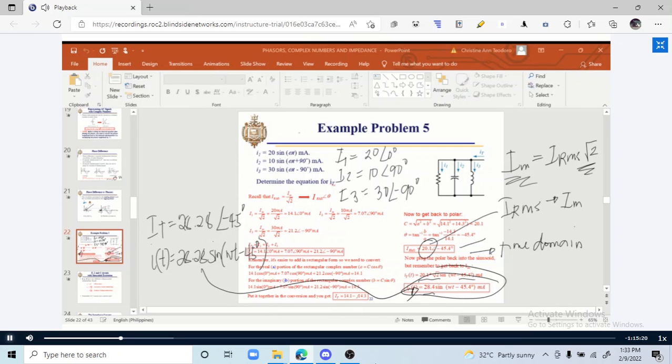My question is, can we already add I1, I2, and I3 on that given format? No po. No. So what are we going to do in order for us to add I1, I2, and I3? I-convert po sa rectangular form po. Rectangular form? How can we convert that into rectangular form?